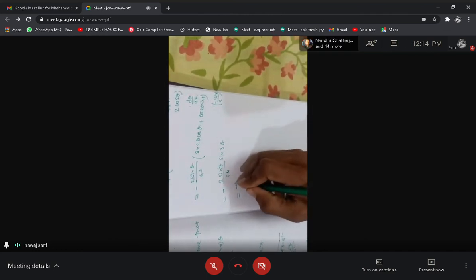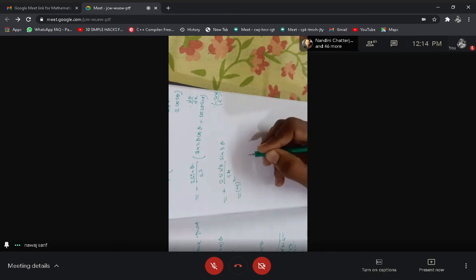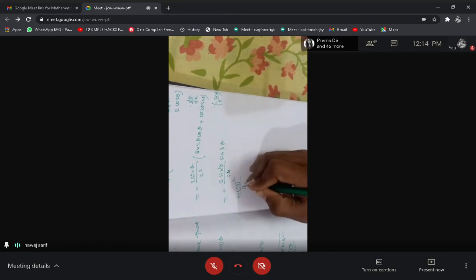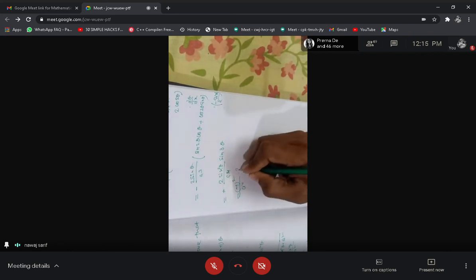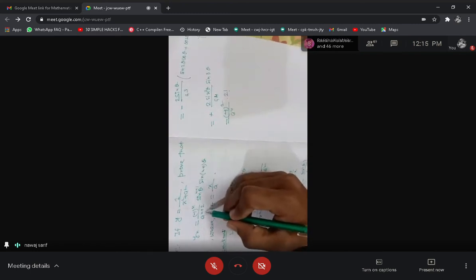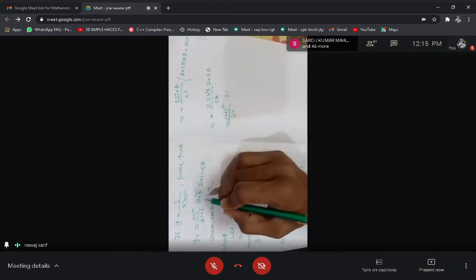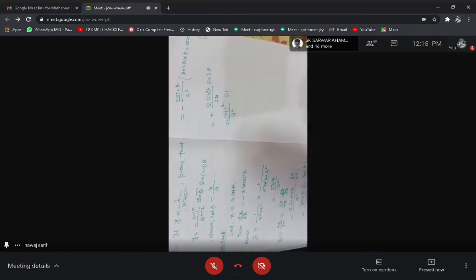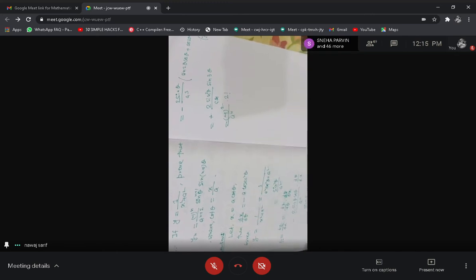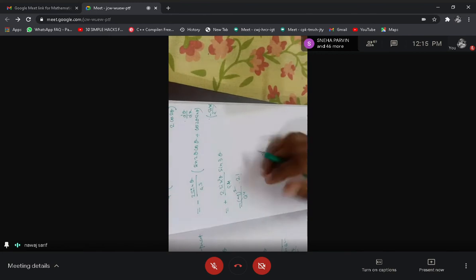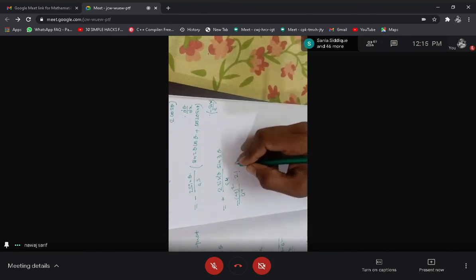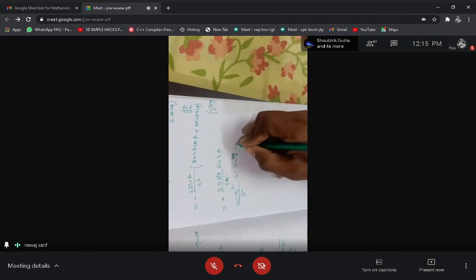So now you can write this one as minus 1 square upon a to the power 4 into 2 factorial, because you have to prove that yn equals minus 1 to the power n upon a to the power n plus 1 into sin to the power n plus 1 theta into sin of n plus 1 theta. Here n plus 1 means this is 3 theta and this is sin 3 theta.